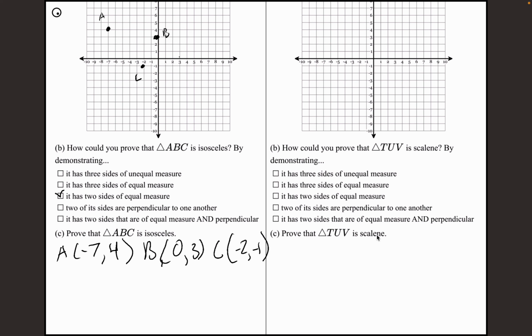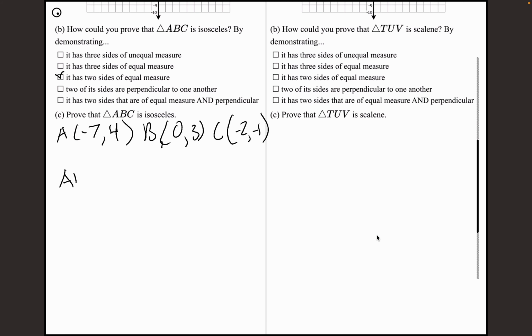I'm going to move this down and we're just going to solve. Let's start with AB. How am I going to put this into the equation for AB? I'm going to plug it into the distance formula.